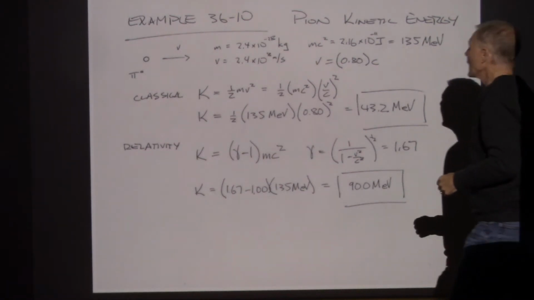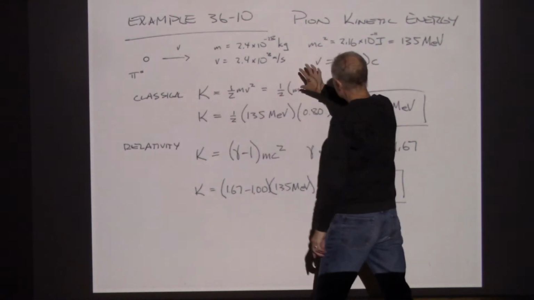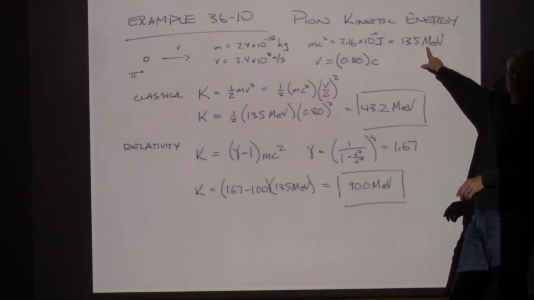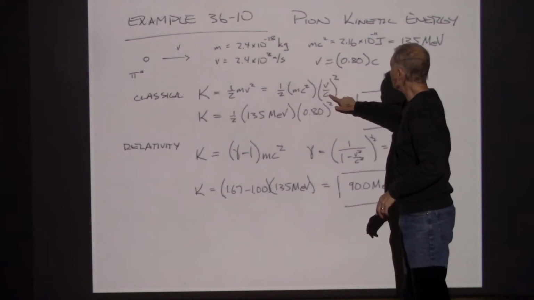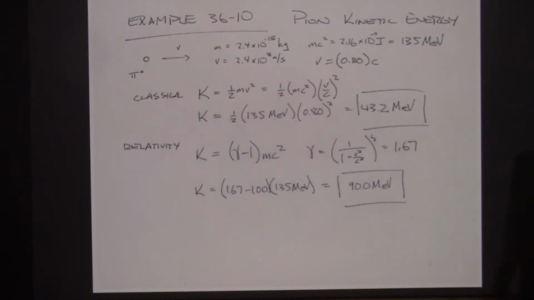And here's why. I can put in the 1/2. For the mc squared, I can put in this 135 MeV that I've calculated. For v over c, I can put in 0.80.